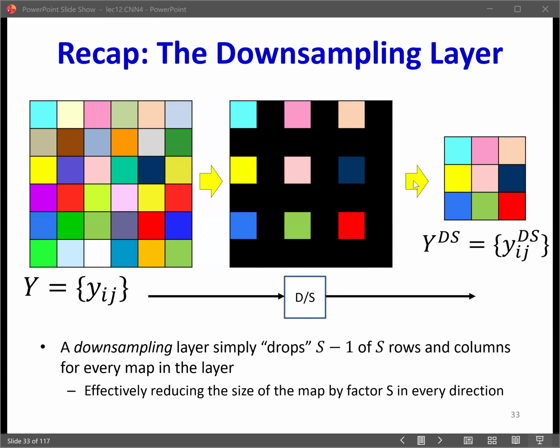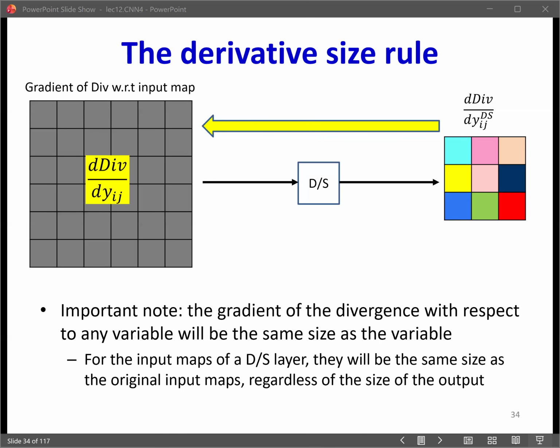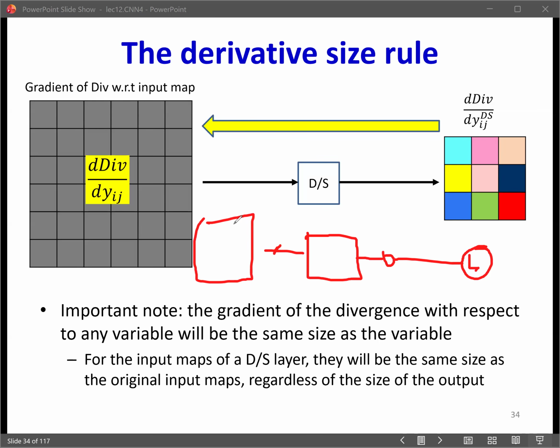Right? So, for this, there's a simple rule. The rule is if I have some process and the input is some size, and this process gives you some output from which I compute a scalar loss, the gradient of this loss with respect to the input of this process is going to be exactly the same size as the input itself.